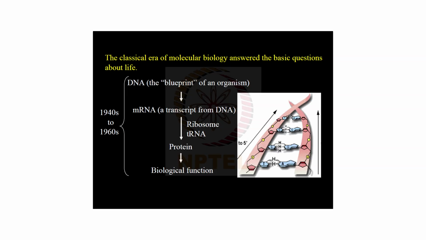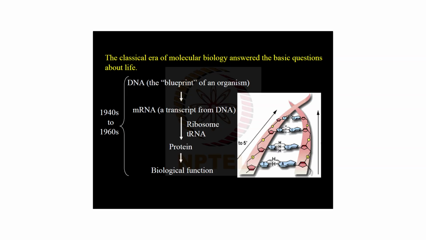So we've got that much of an idea from molecular biology, which says that DNA is the blueprint of an organism, basically the genetic material, which has all the information. All means all the information.